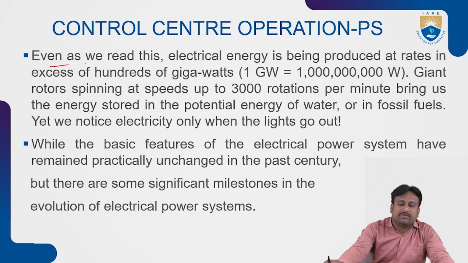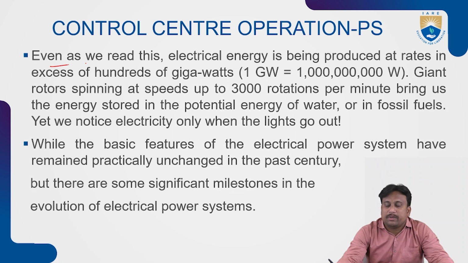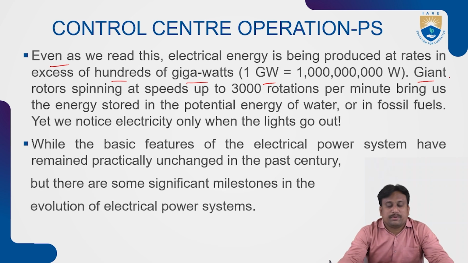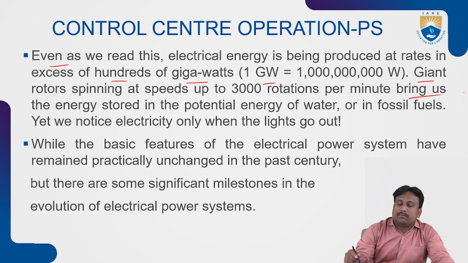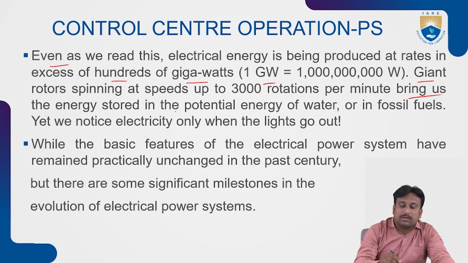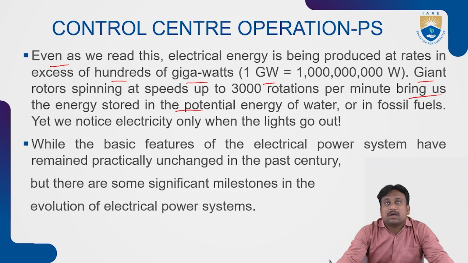Even as we read this, electrical energy is being produced at rates in excess of hundreds of gigawatts. Rotors spinning at speeds up to 3000 rotations per minute bring to us the energy stored in the potential energy of water, or in fossil fuels.